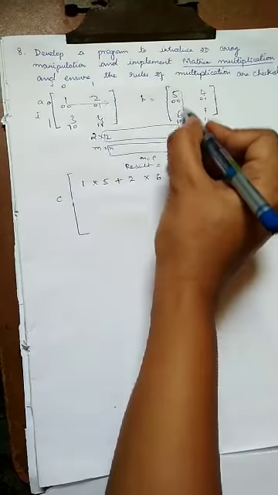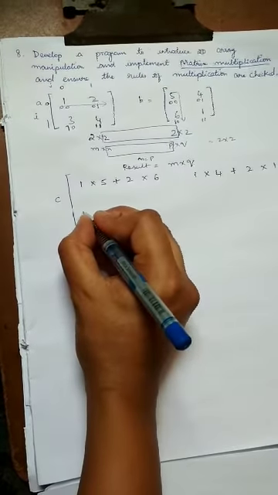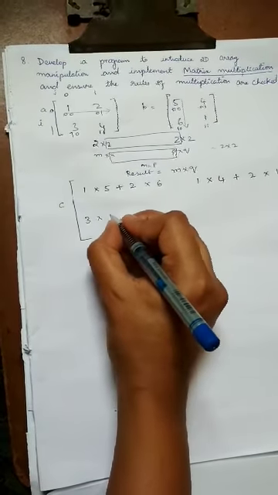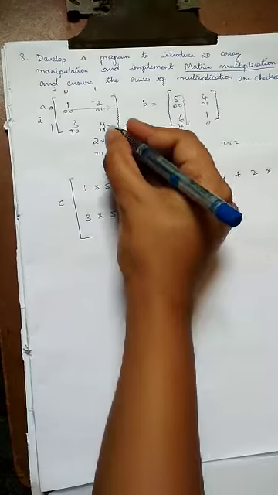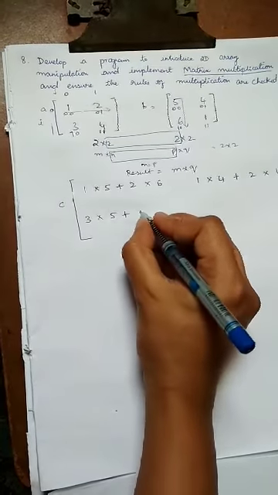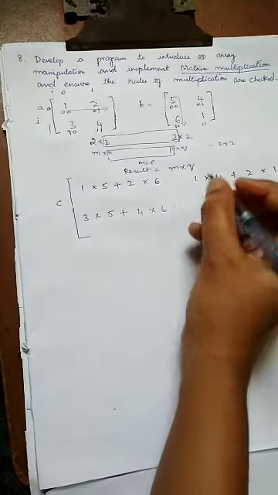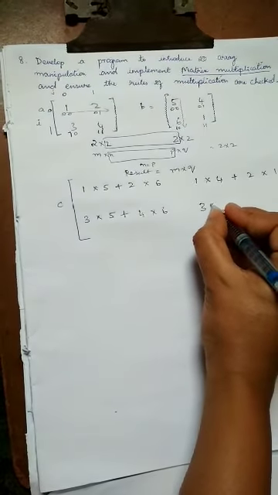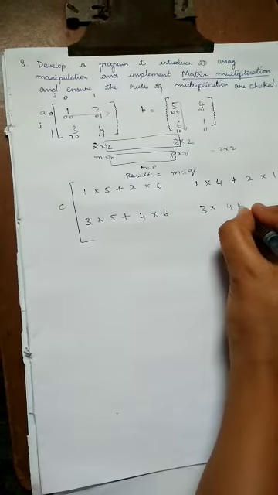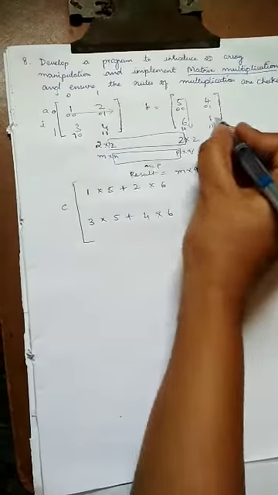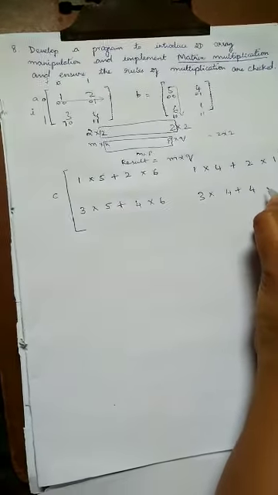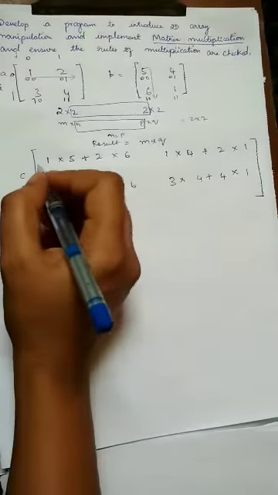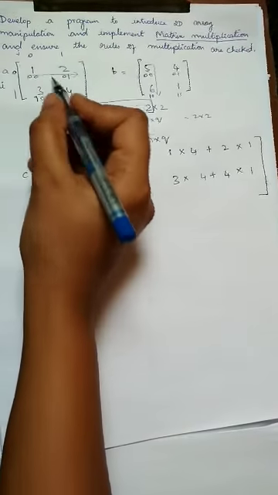This row into this column. So it is nothing but 3 into 5 plus 4 into 6. Next, this row into this column. So 3 into 4 plus 4 into 1.